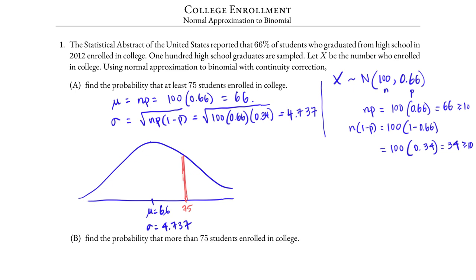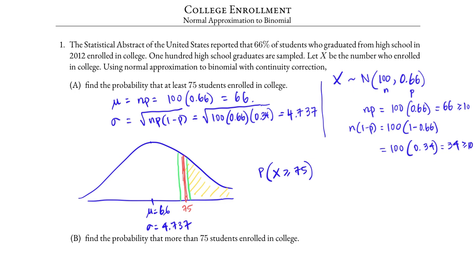And we want at least 75, meaning we want 75 and more. In symbolic form, we're looking for the probability that X is greater than or equal to 75, at least 75, for the binomial distribution. But with the normal approximation, we need to add 0.5 and subtract 0.5.